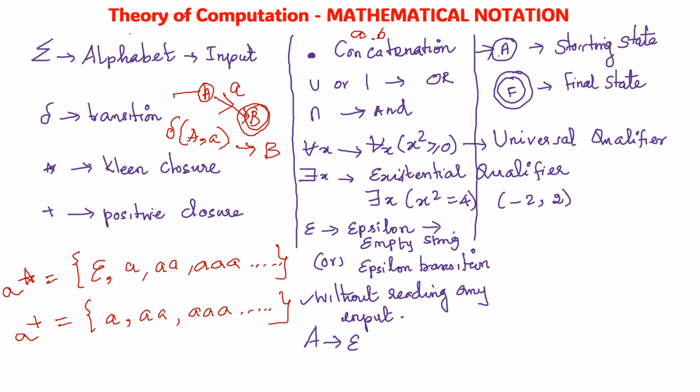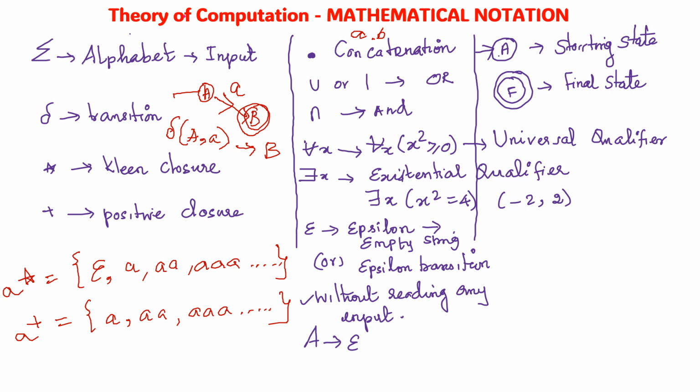Here, for example, for all x, x square is greater than or equal to 0. Some constraint-based statement, some properties we can apply for all x. Here you can apply any values and we have to check the condition.